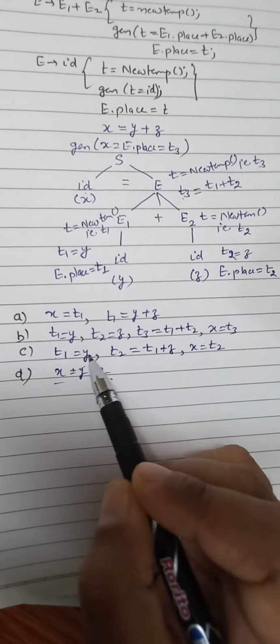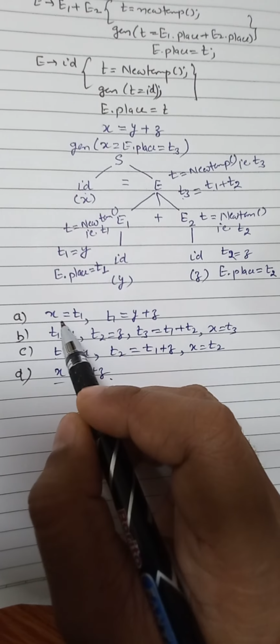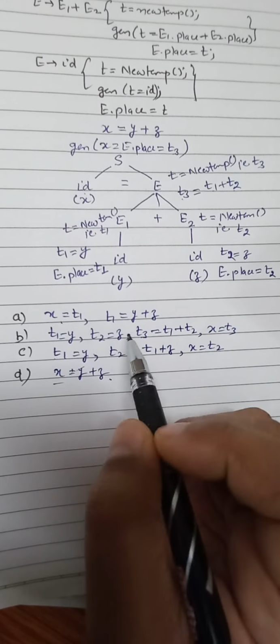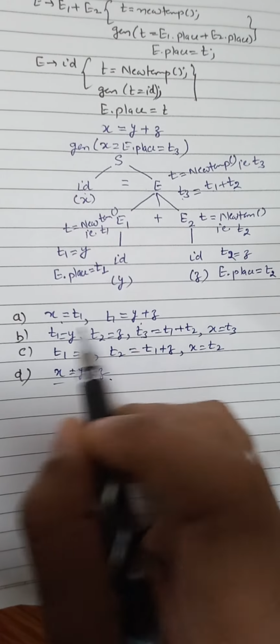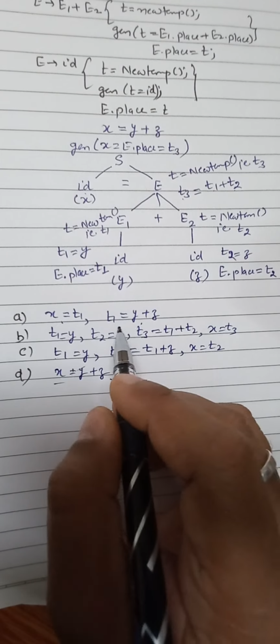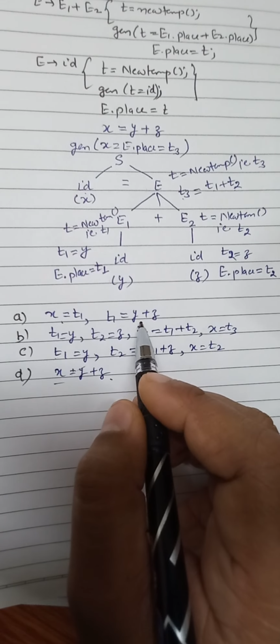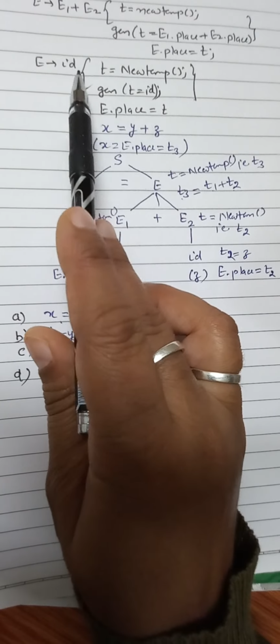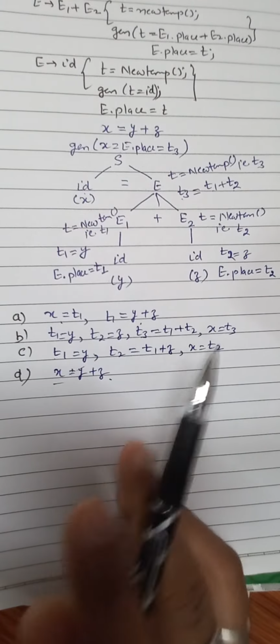In that case, this answer will be true. And in the similar way, for E tends to ID, here it is given x is equal to T1 and T1 is equal to y plus z. When the E tends to ID option is not given, then this is the correct answer.